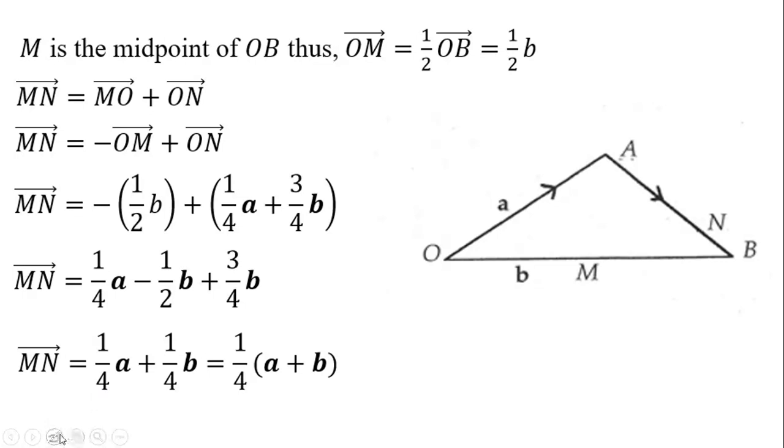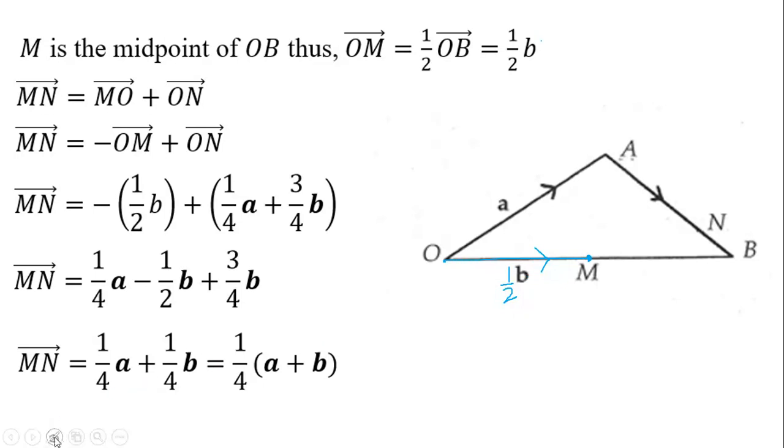So let's write that down: the vector OM is half of B. From O to M, in this direction, is half of B.